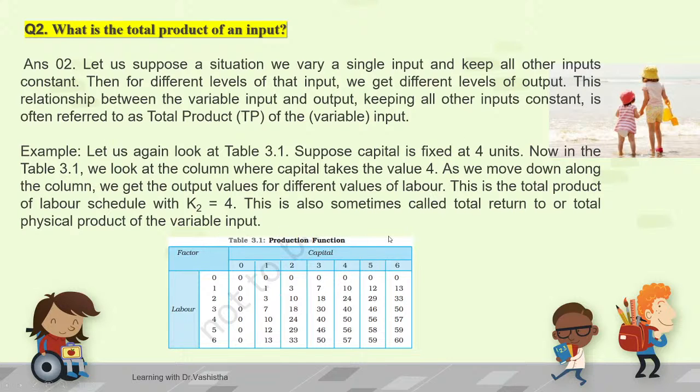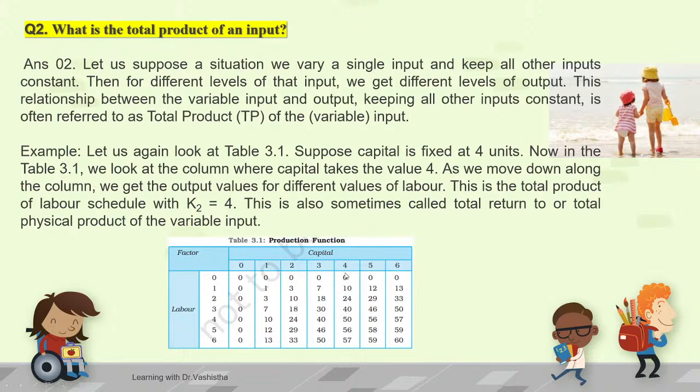This table 3.1 here shows the production function. For example, suppose the factor of production capital is fixed at 4 units. You see this column here. Now if we look at the column where capital takes the value 4, as we move down along the column, we get the output values for different values of labor, which is given here.